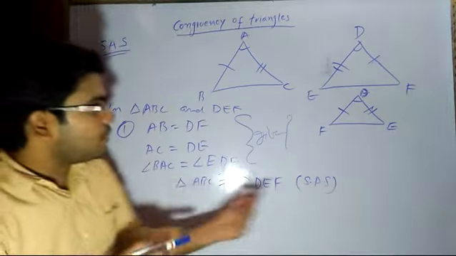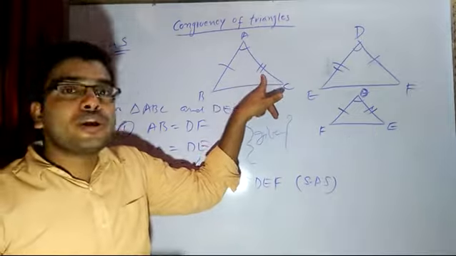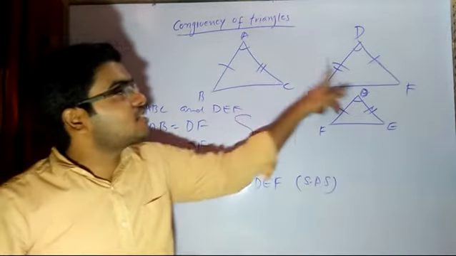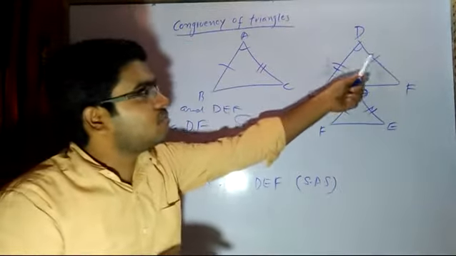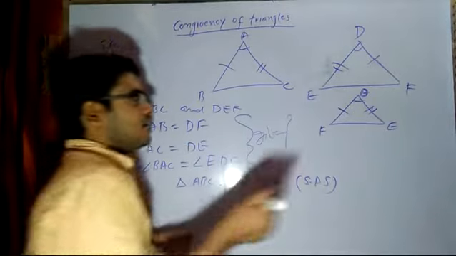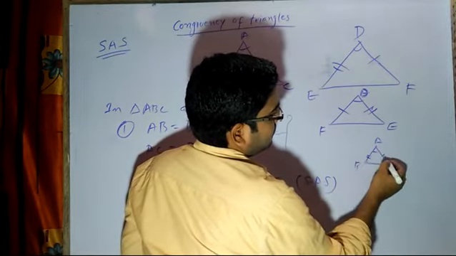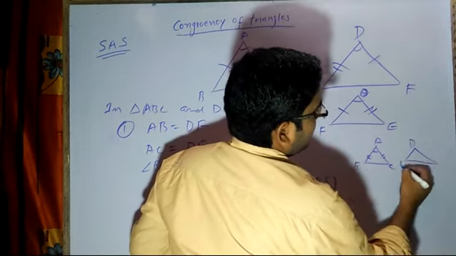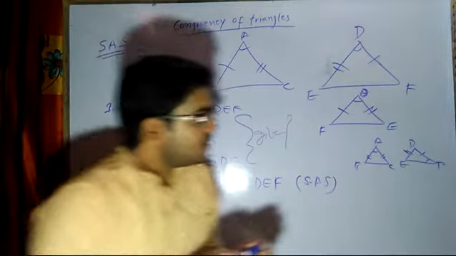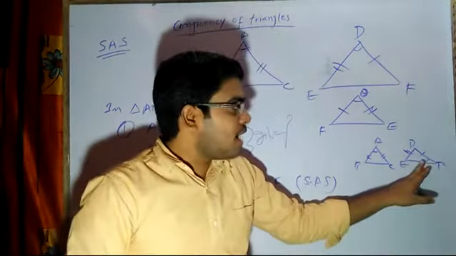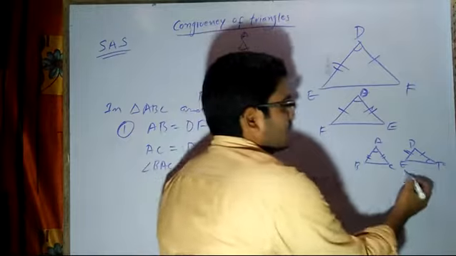Now, to apply the side angle side criteria, the angle should be included between the two given equal sides. Given equal sides, if the angle is included between them, sandwiched between them, then only we can say side angle side. If I have a triangle, suppose ABC here and another triangle DEF, this side is equal to this side, and an angle is given here, then under no circumstances will I be able to prove that these two triangles are congruent.